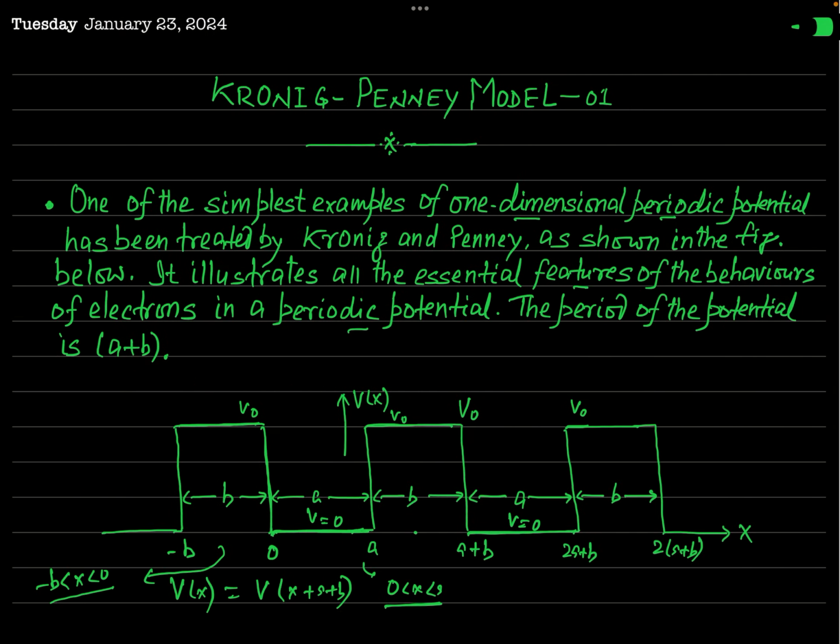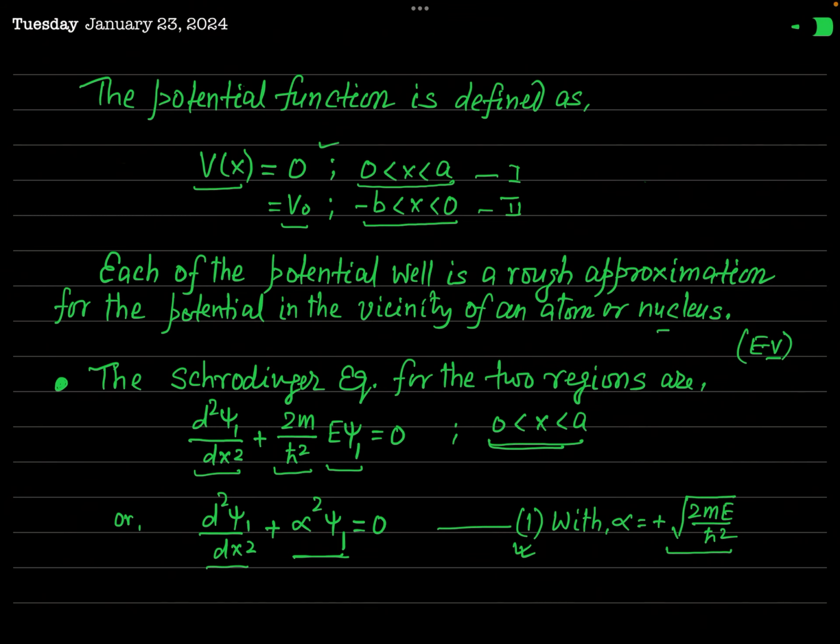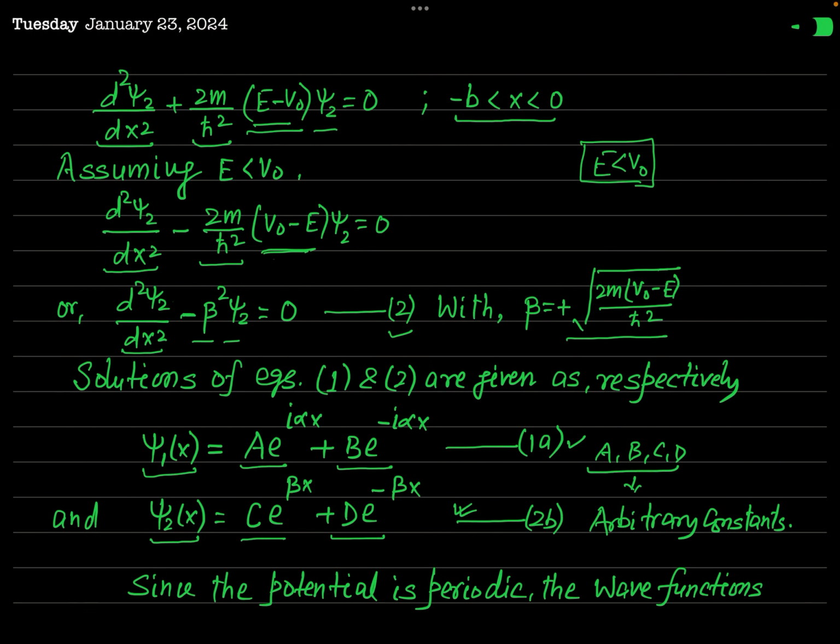This x equal to 0 is one of the boundaries. So at x equal to 0, psi1 of x will be equal to psi2 of x, so that u1 of x will be equal to u2 of x at x equal to 0. And also their derivatives will be equal at this boundary.